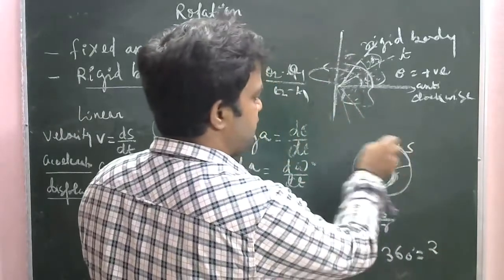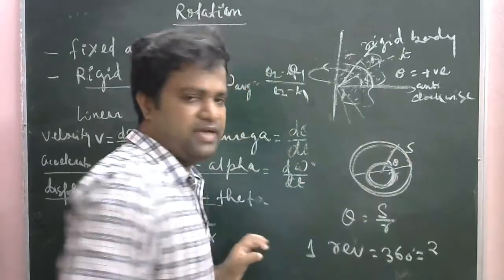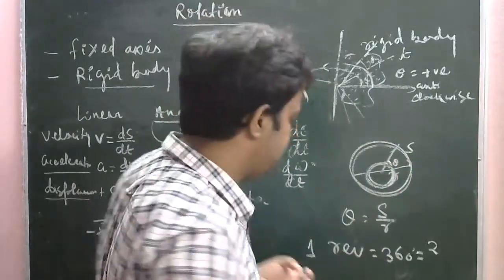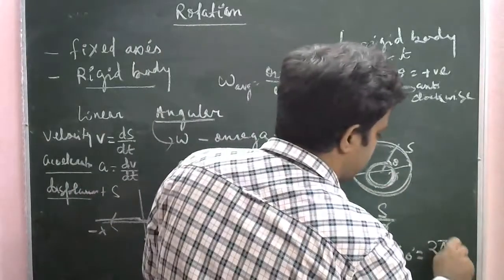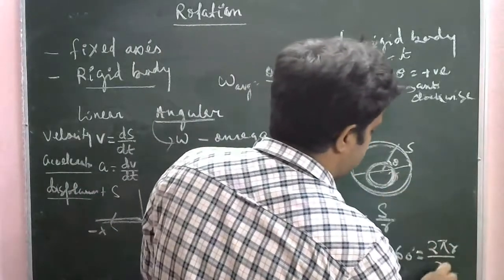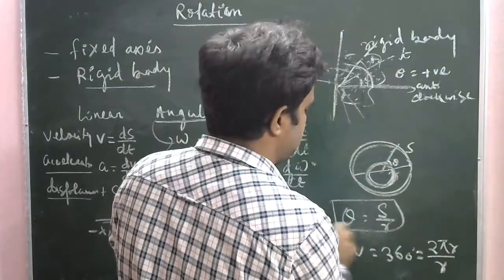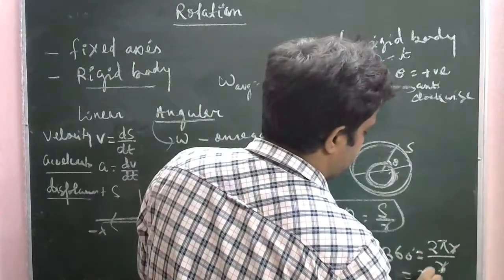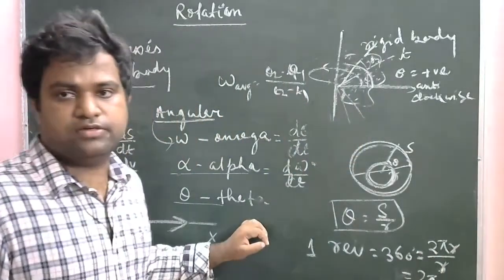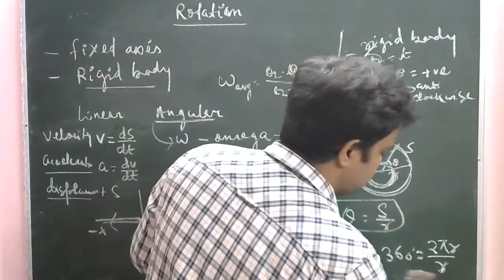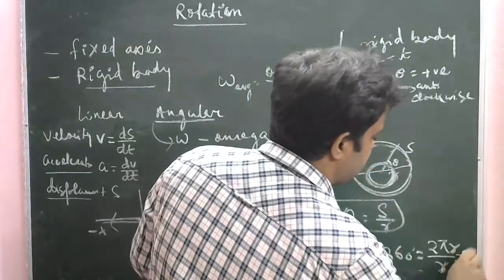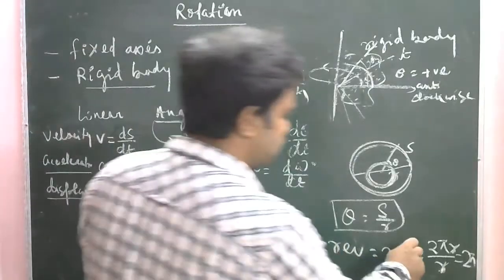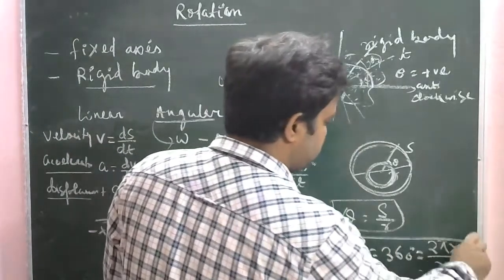What is the total path in a circle? The circumference of a circle is 2 pi r, and divided by r, using the formula s by r, the r cancels. So this is 2 pi. So one revolution is equal to 360 degrees, which is equal to 2 pi. So you remember this one.